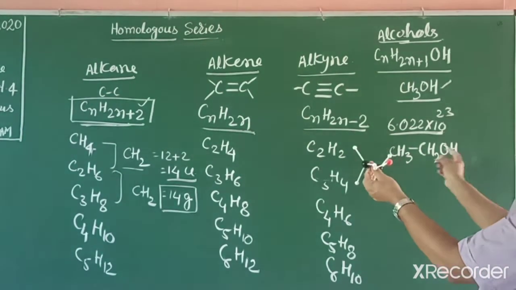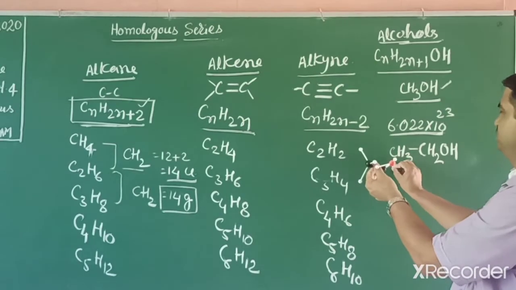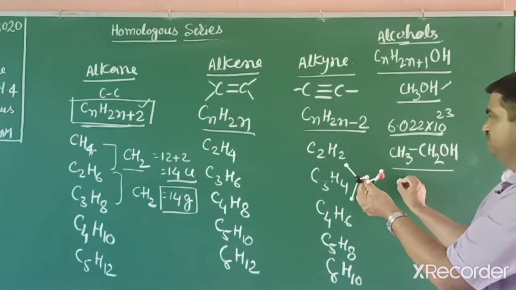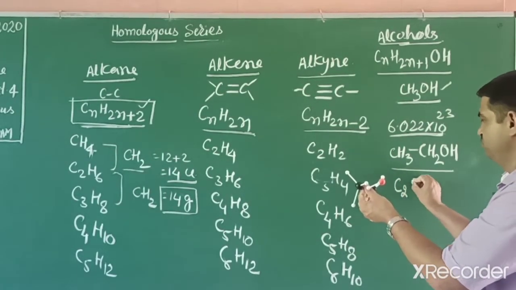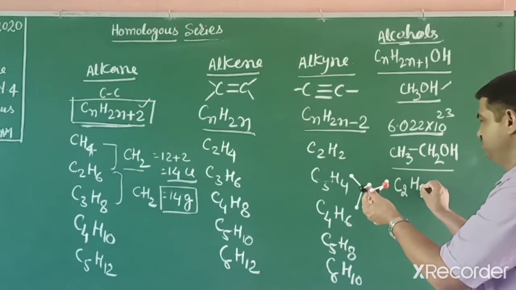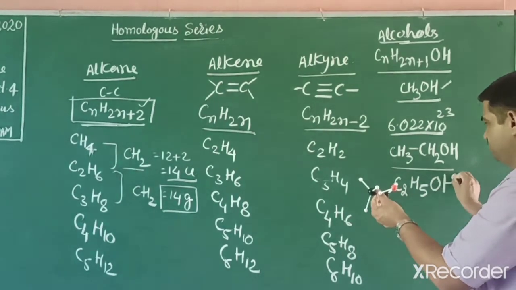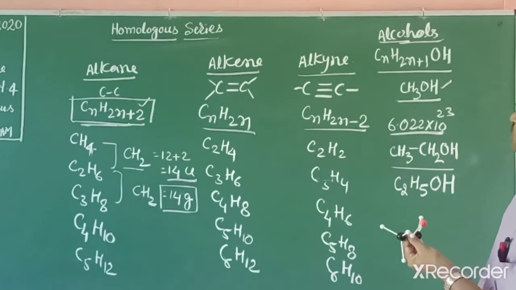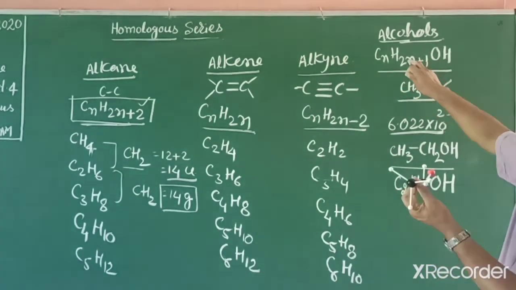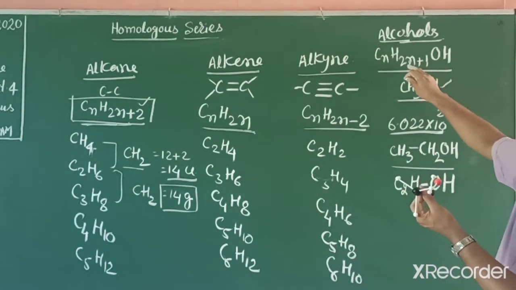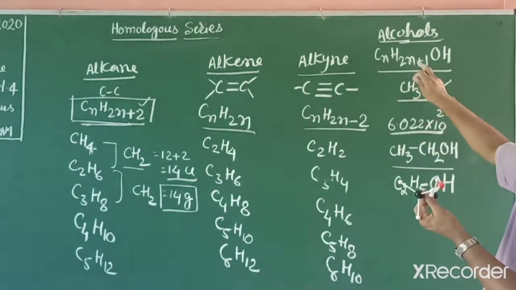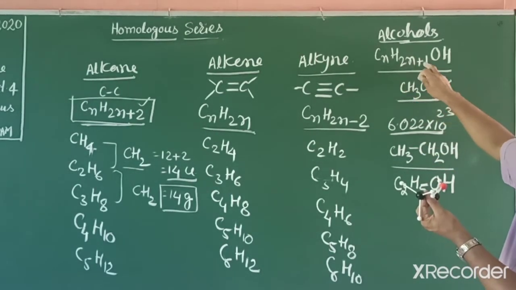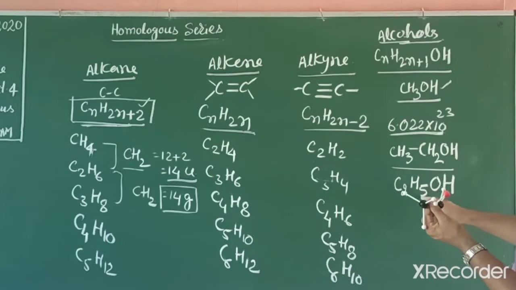And if you write the combined formula, sometimes it's written in combined form as C2H5OH. How? Because n is equal to 2, then C2, 2 into 2 is 4, 4 plus 1 is 5, C2H5OH.